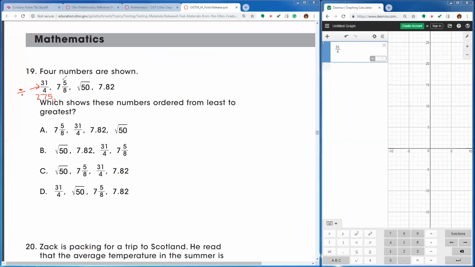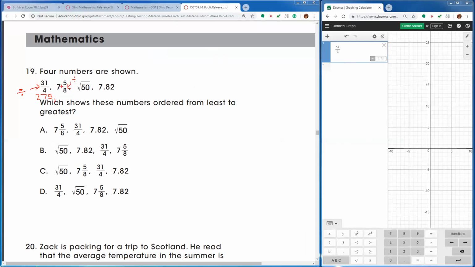So now we've got to do it again, this time with a mixed fraction. With a mixed fraction, the 5/8 is still a division bar, but we have one extra piece. In our calculator, we have to add the whole number 7 to the 5 divided by 8.